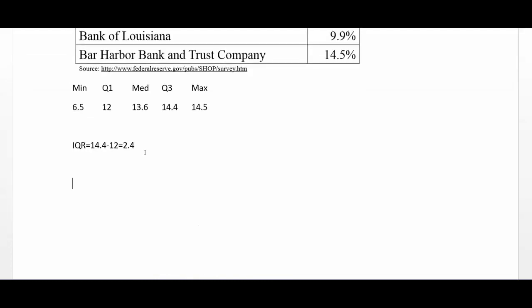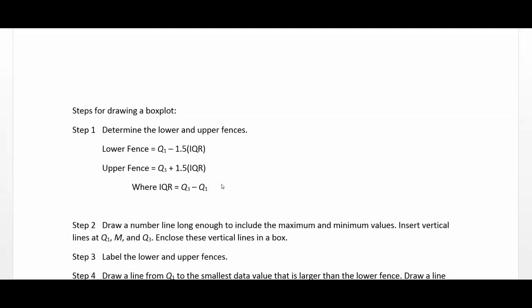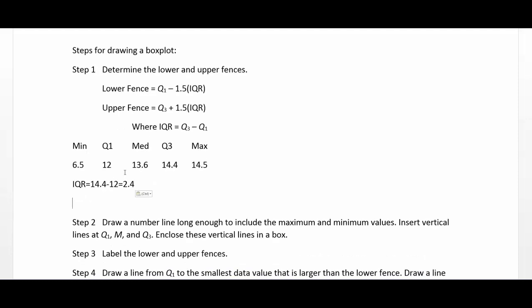And we have a formula for our fences. Let me take this information and bring it down with me. Okay, so our lower fence is Q1, so that'd be 12 minus 1.5 times the IQR, which is 2.4. And this will let us determine what numbers are considered to be outliers for this particular data set.